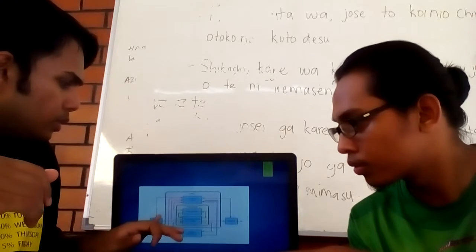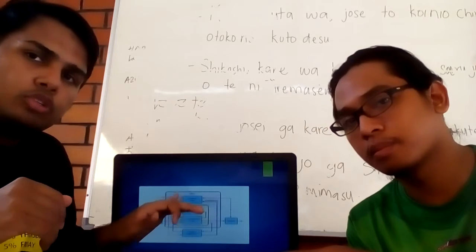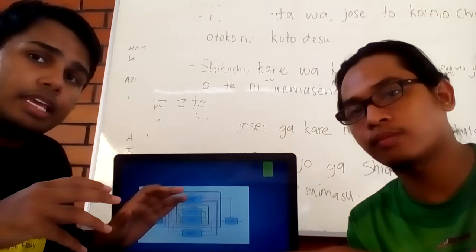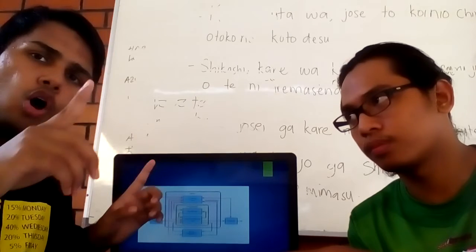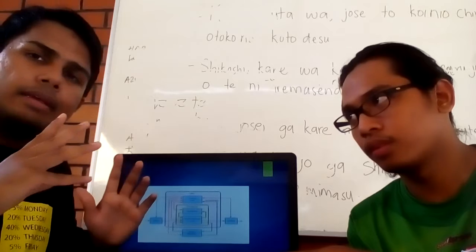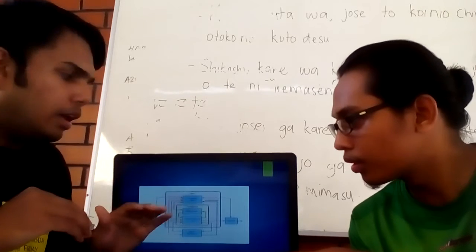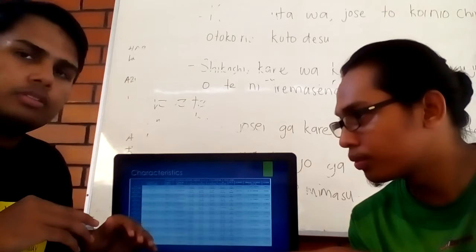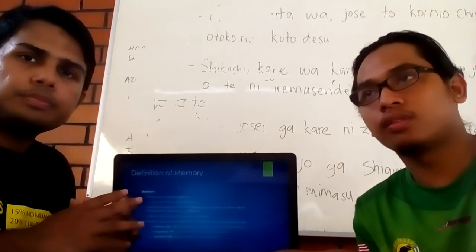From here it will be uploaded to the control unit, and the control unit will process the data storages, and it will pass through to the whole computer, basically. And now I will pass to my partner Nazrul.